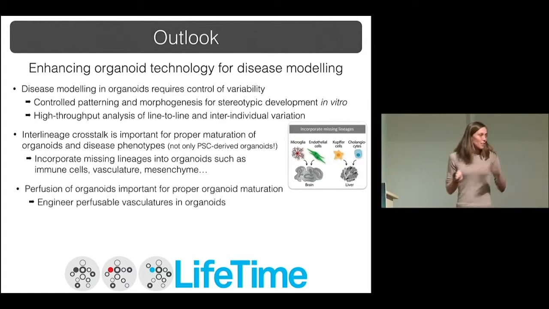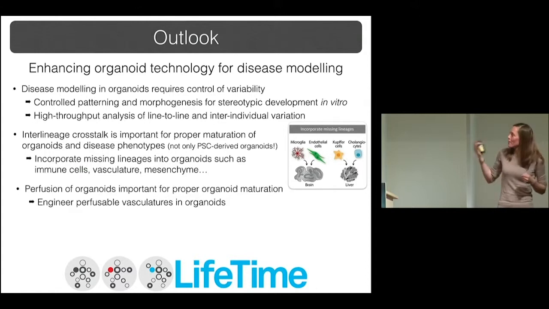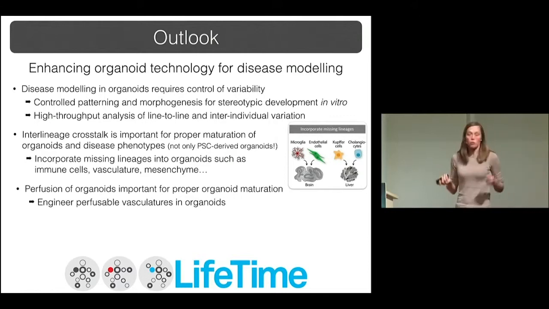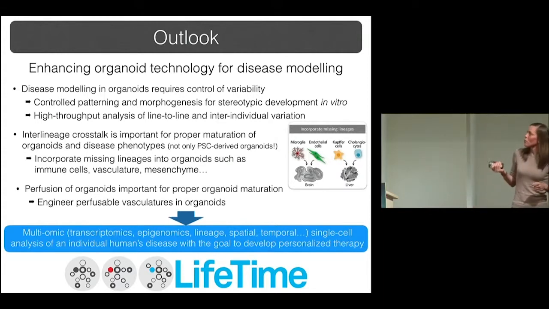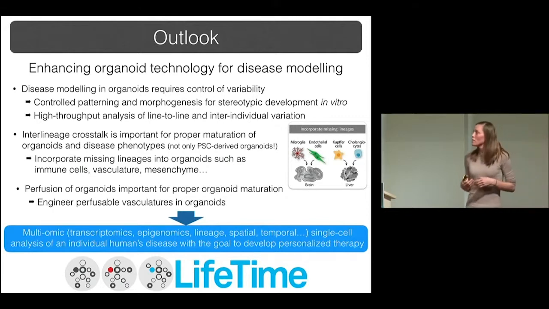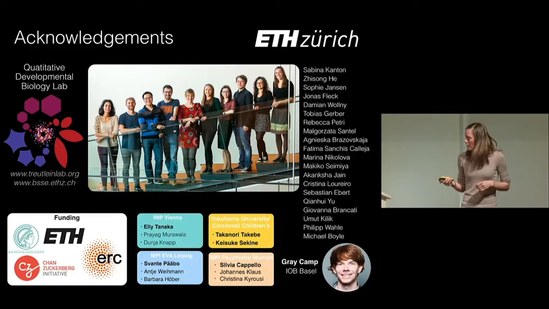And have the organoids, and this was a great talk just before this talk, to really be able to perfuse organoids and not just have a static vasculature, but actually use it for perfusion in microfluidic chips, for example. And so then I think it would be super exciting to have multi-omic single-cell analysis of individual humans' disease with the goal to develop therapies. Thank you.